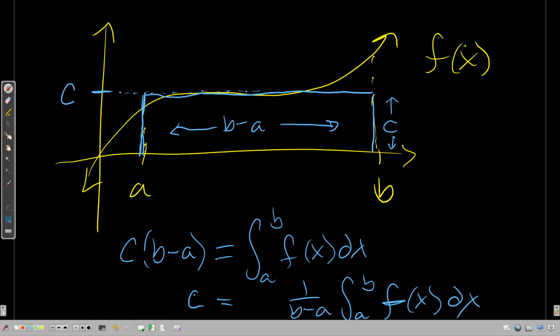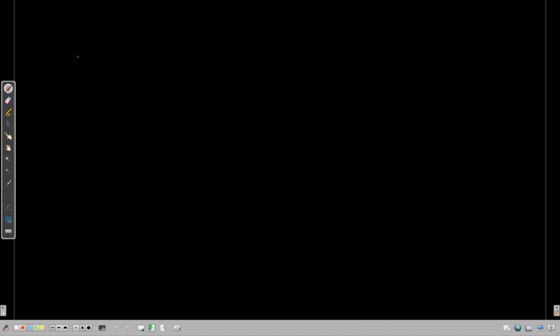What else might we see? Area between curves. For area between curves, just remember it's the top curve minus the bottom curve.